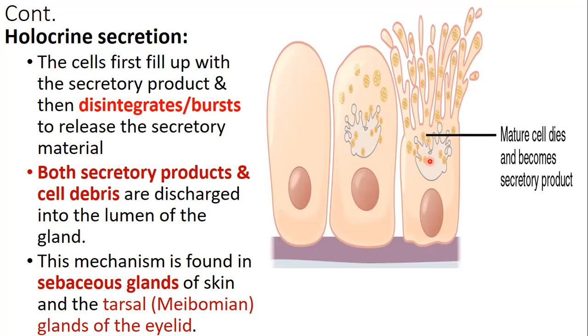Where do we find such glands? They are found in the sebaceous glands of the skin. I mentioned the sebaceous gland. They are found all over where we have hair follicles. And that's why some of our friends have several pimples on the face, because when secretion from these glands is thick, mucus in nature, and these glands are always next to the hair follicles, they block the hair follicles.